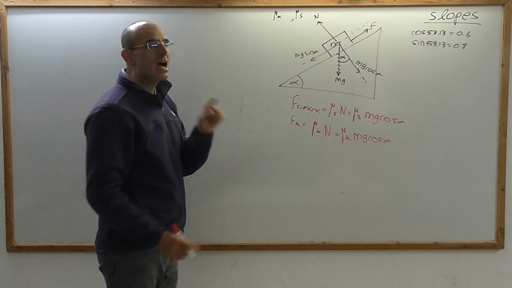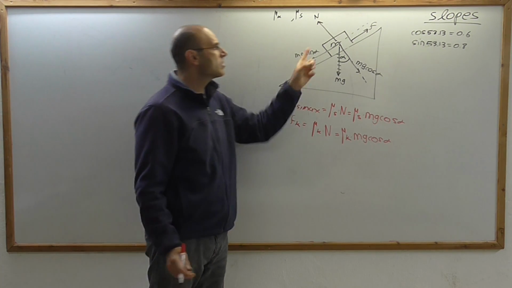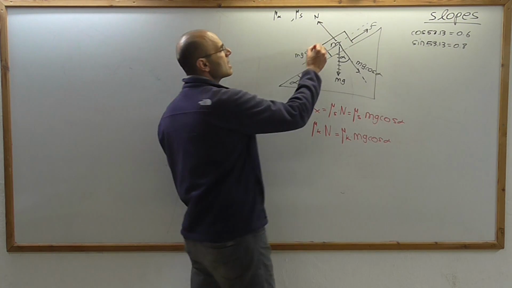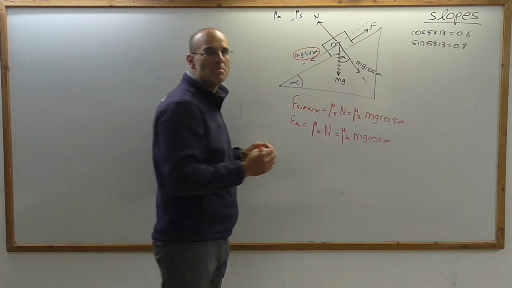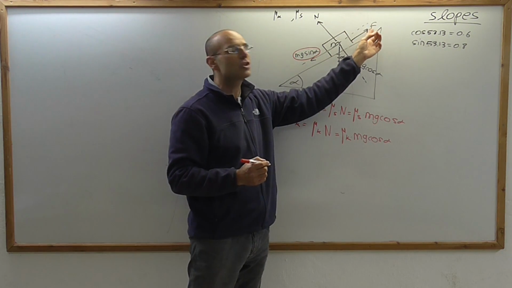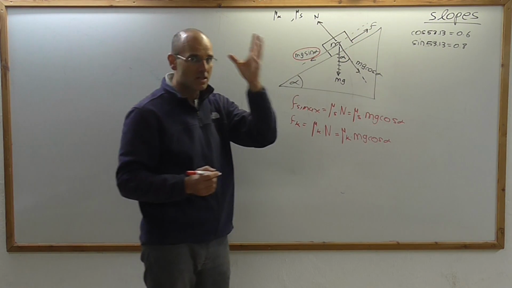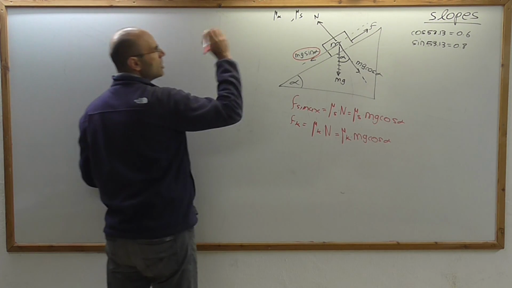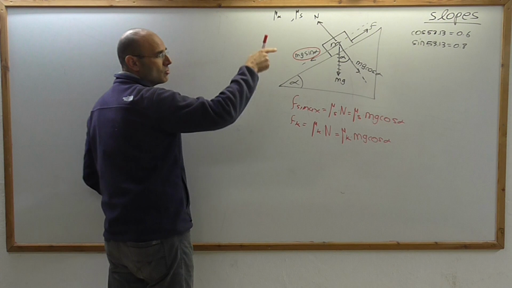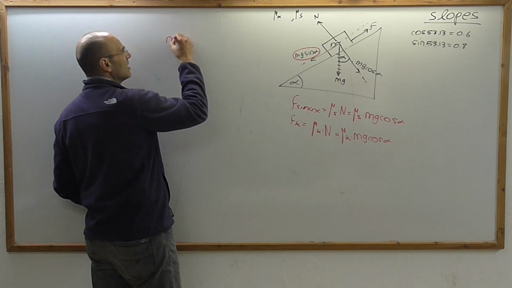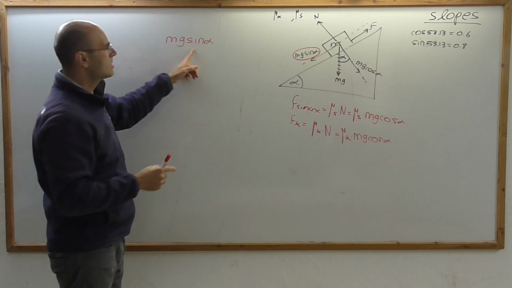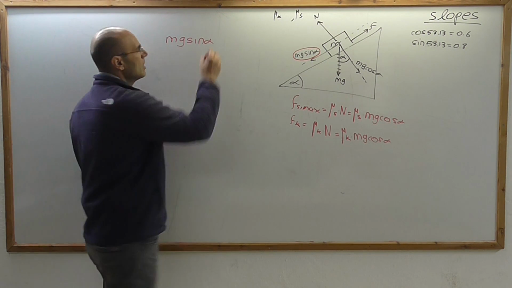Okay, now what is the condition for this mass to start sliding? The condition is that this force must be bigger than the biggest friction force there is. And the maximum friction force is this one. So the condition, in order for this mass to move, I'll write that mg sine alpha must be bigger.